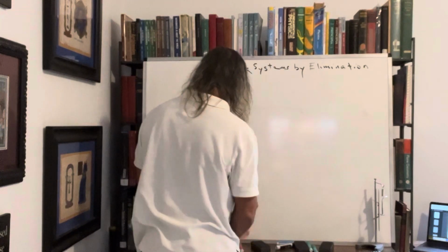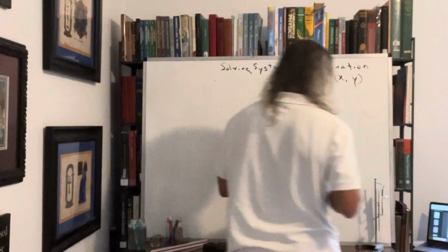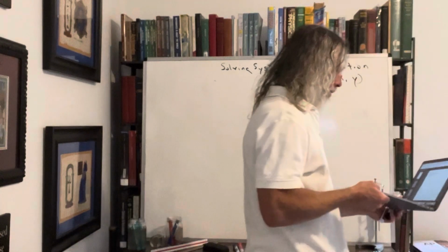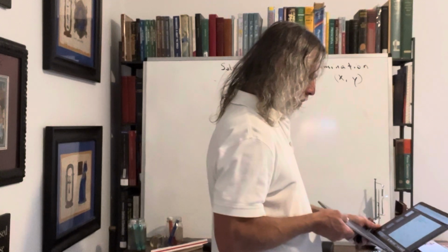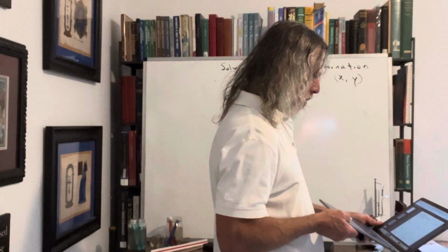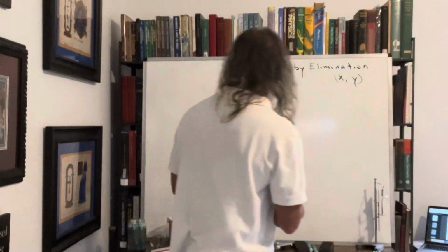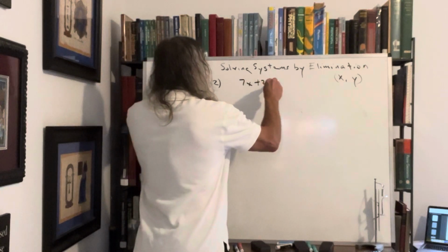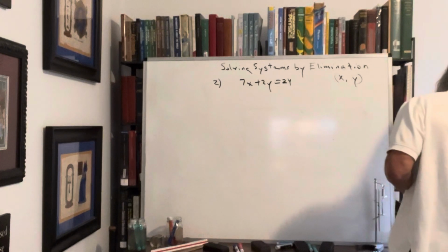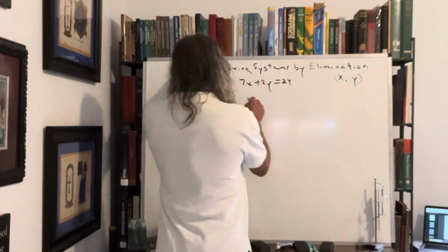Number 2. 7x plus 2y is 24, and 8x plus 2y is 30.